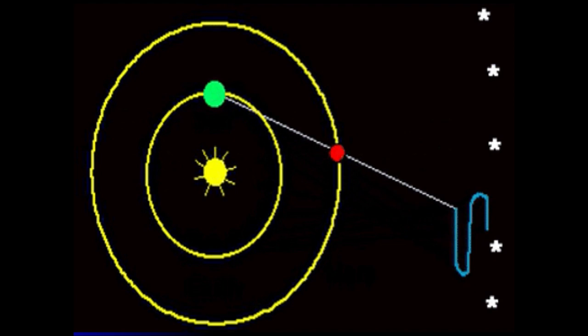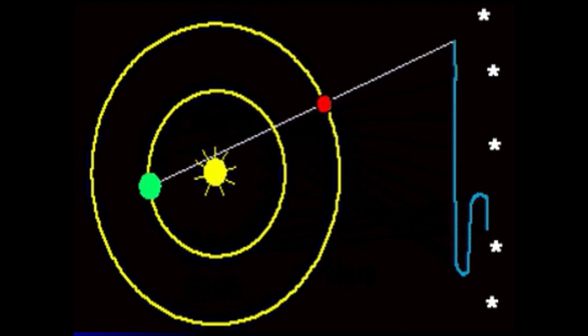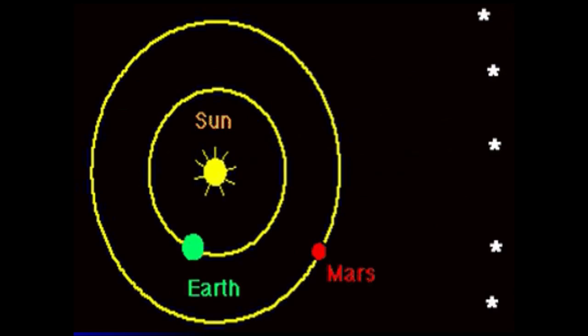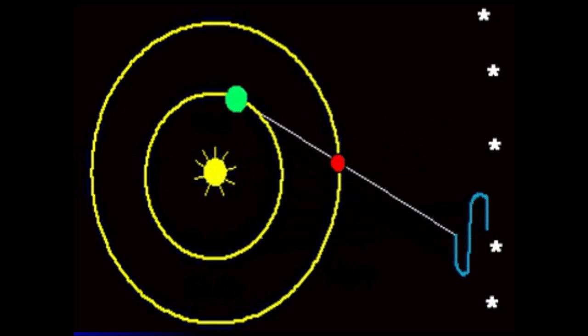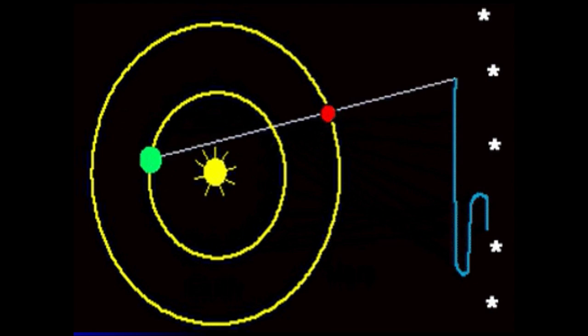Because if you look at what is really happening, Mars is not moving backwards. In fact, Earth and Mars are moving around the sun in the same direction. So the viewpoint gives you the illusion, or the appearance, of the planet moving backwards.